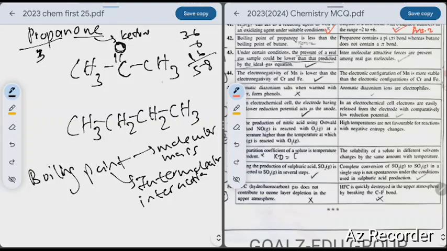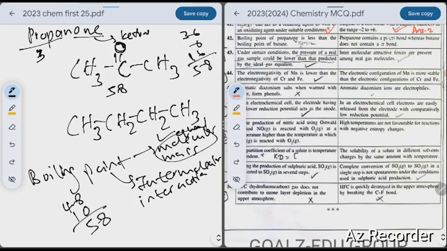Here we have 58. Then what about here? 4 carbons, 4 times 12, 48. Then 10 hydrogens. So here also we get 58. So the molecular mass is the same for both.